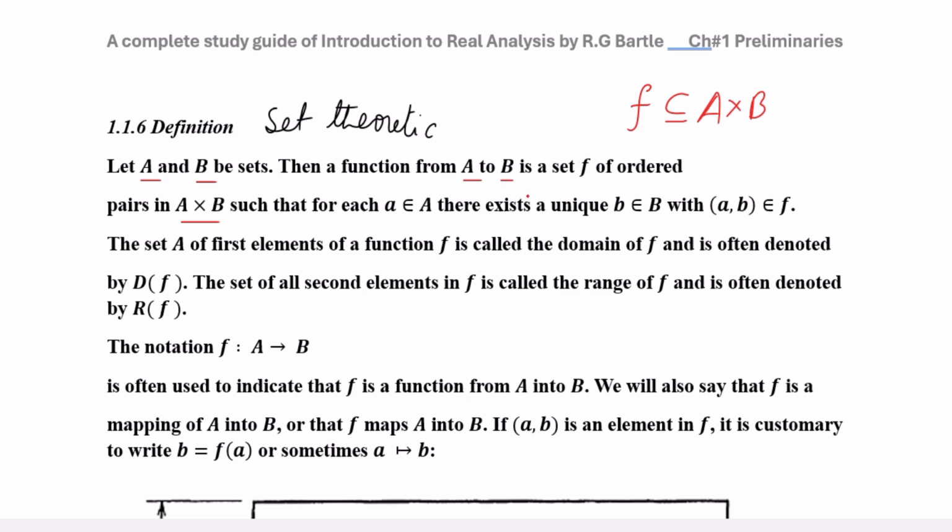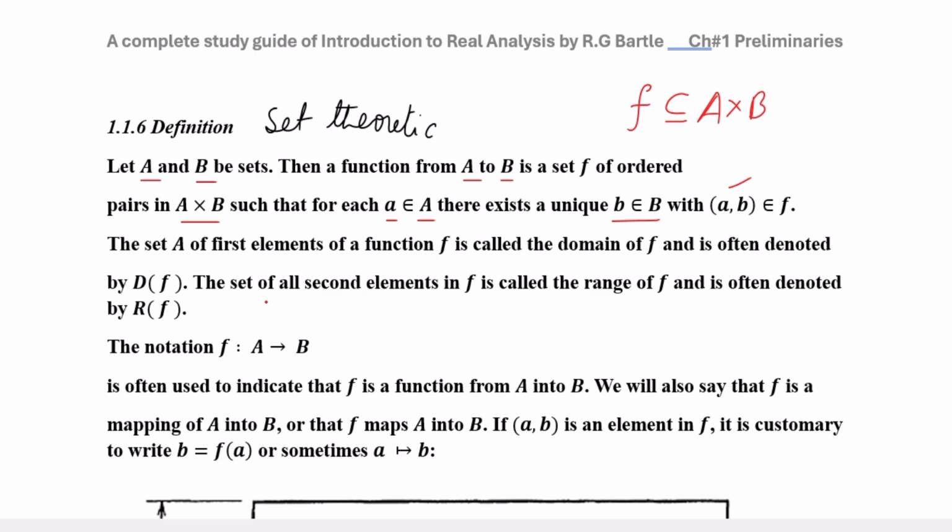That's why the author is saying that the function f is a set of ordered pairs in A cross B such that for each a belonging to A, there exists a unique b belonging to B with ordered pair (a, b) belonging to f.